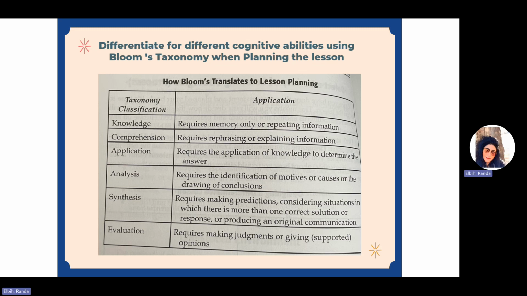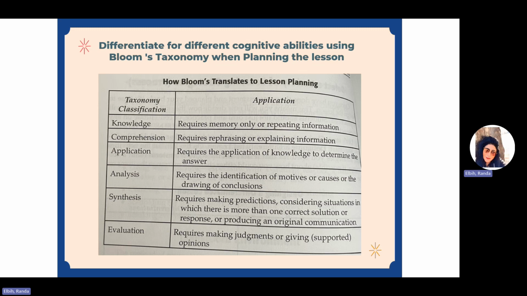And this is all based on the standards, by the way, but then you can differentiate the standard based again on the student's cognitive level. So knowledge is the lowest in the Bloom's taxonomy level, and evaluation is the highest in the Bloom's taxonomy cognitive level.